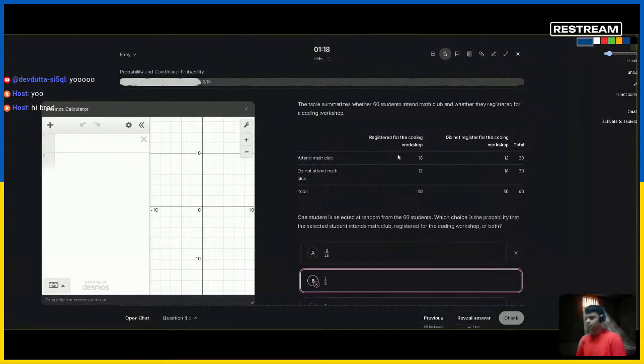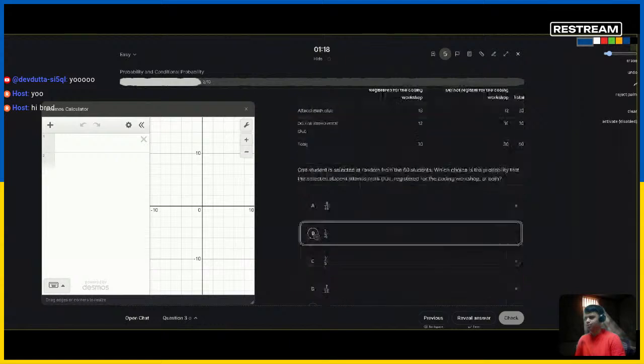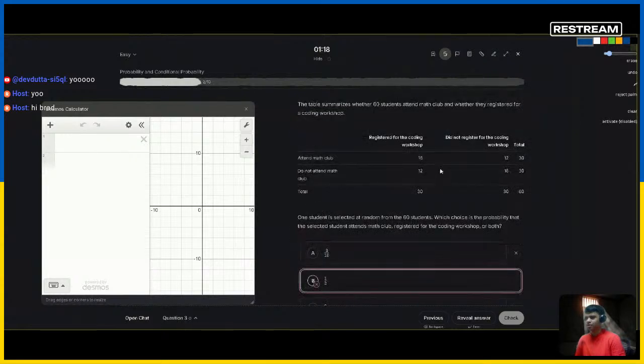Wait, this one is did not attend math club, but registered for the coding club. Ooh, this is gonna be tricky. Okay, so we cannot add this because this is both.